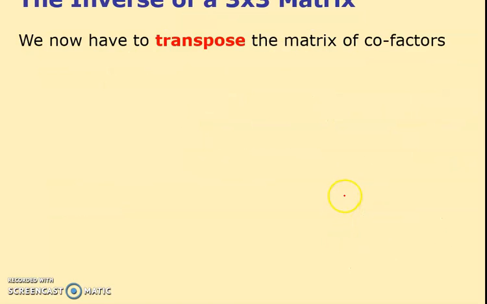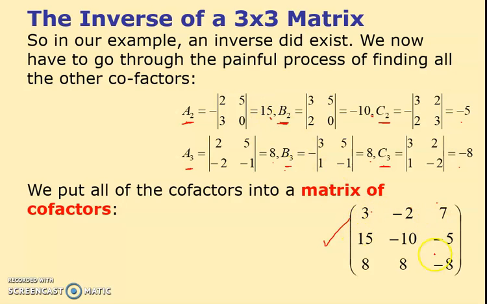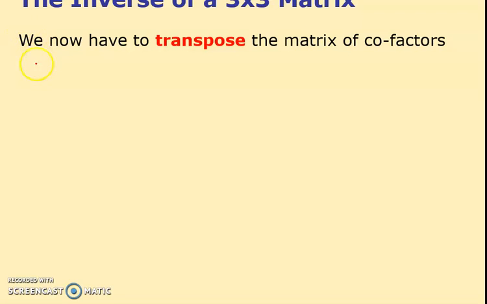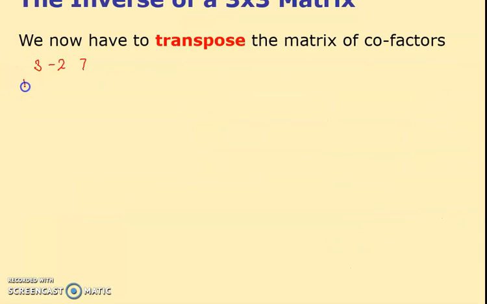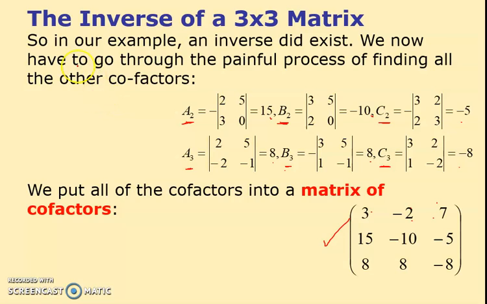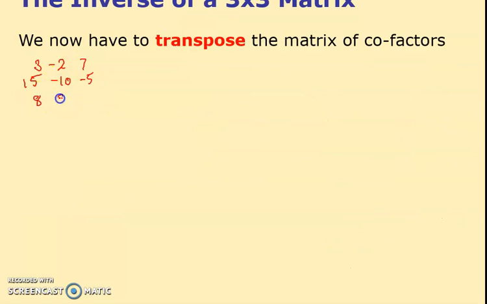But now I have to transpose the matrix. So having gone from this matrix, 3, minus 2, 7. So let's just write that down. 3, minus 2, 7. What was next? It was 15, minus 10, minus 5. 15, minus 10, minus 5. 8, 8, minus 8. And notice what I do with that is I transpose it.